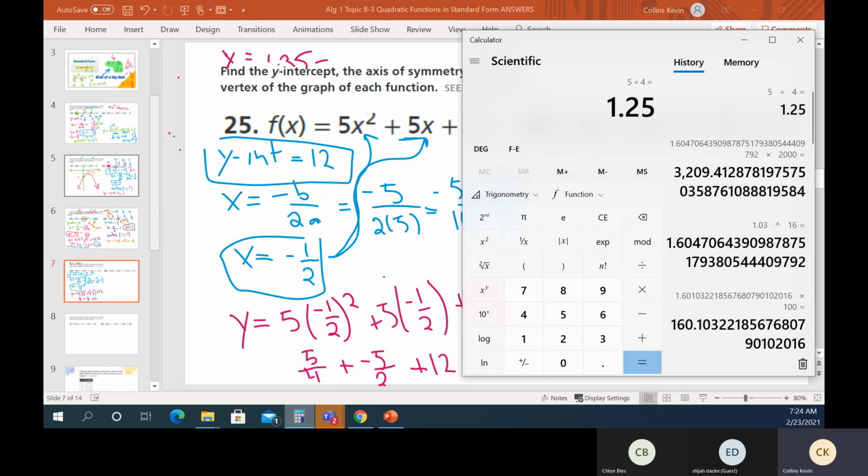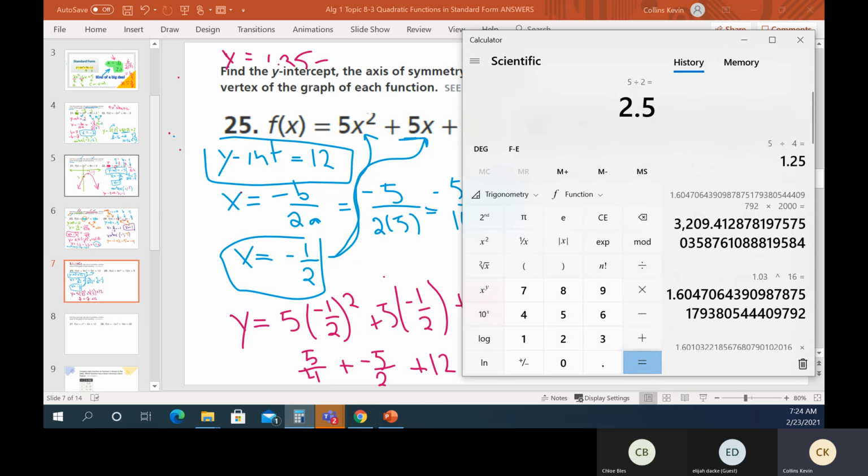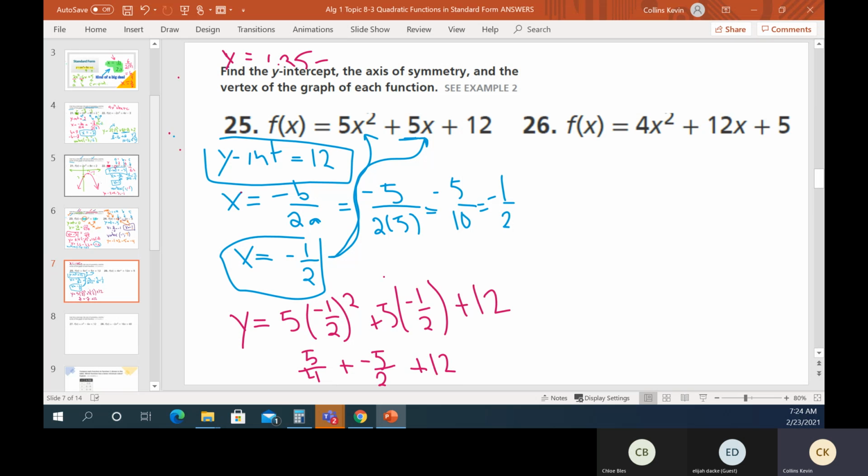We'll break out our calculator again. We say 5 divided by 2. That's going to be 2.5. So minus 2.5. I don't know why this thing doesn't like to work at the top of the screen, but it really doesn't. Okay, and then the plus 12.